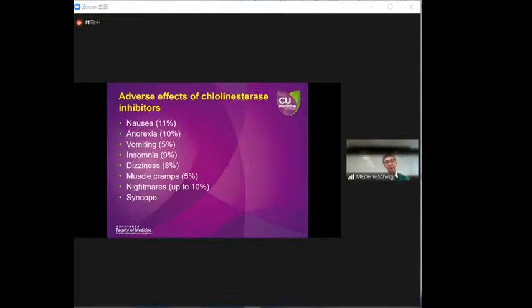As long as you stop the drug, then these symptoms will go away. But it also causes bradycardia sometimes and increases the risk of syncope. So for people with cardiovascular disease, particularly cardiac arrhythmia, or a history of syncope, it should not be used or used with caution.